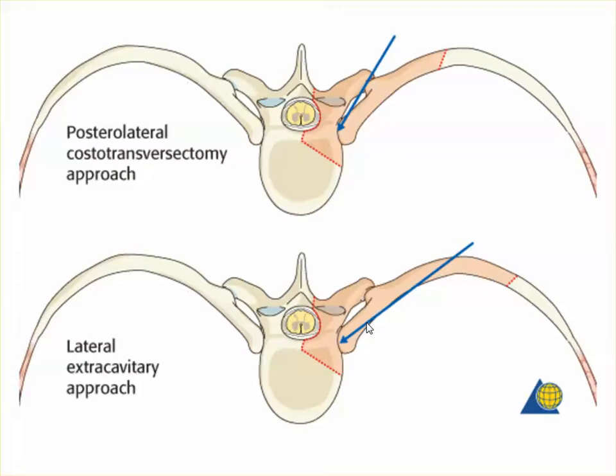The bottom one has a lot more of an angle, but you have to take a lot more rib and probably have a higher probability of a pneumothorax or hemothorax or an effusion in the chest. So basically, I think it's less morbid to stay out of the chest as much as possible. But they're very similar. You take out the transverse process, the pedicle, and the body.